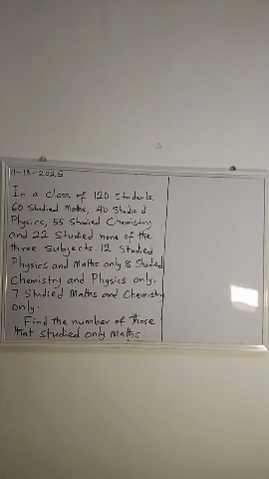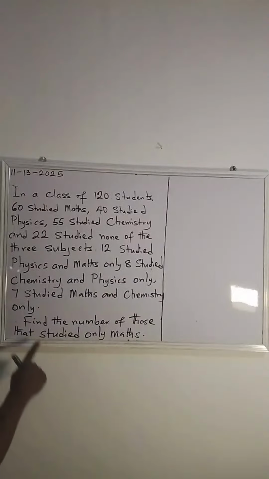Okay, now 12 study physics and mathematics only. 8 study chemistry and physics only. 7 study mathematics and chemistry only. You have to find the number of those that study only mathematics. Okay, so now this is the second reading. So the second reading now we have to read in between the lines, and we read with 100% understanding.